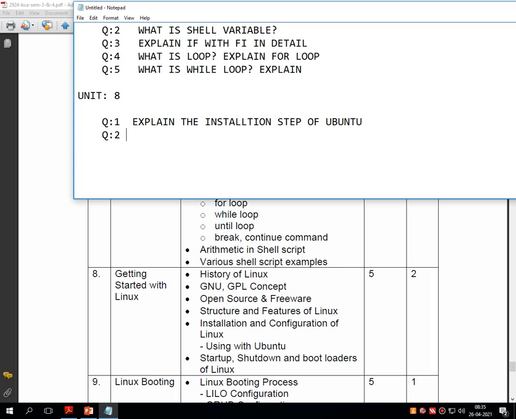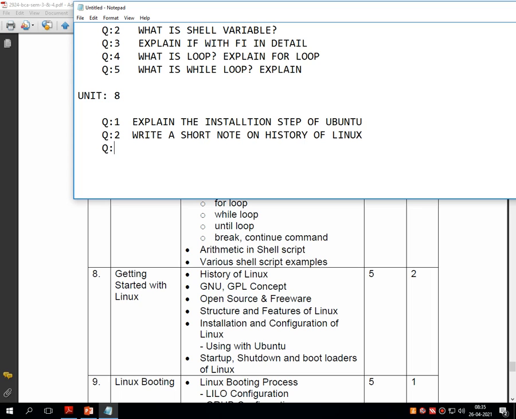Question number 2. Write a short note on history of Linux.